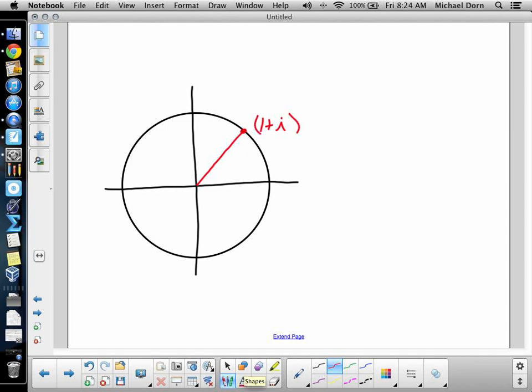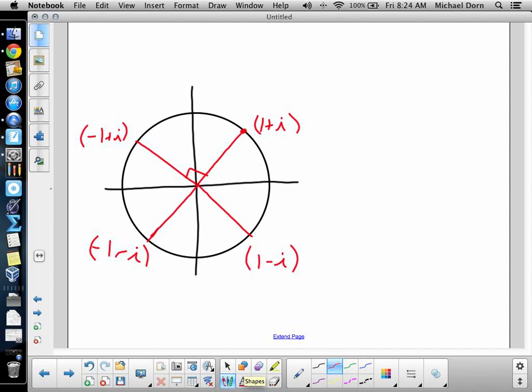If there are 4, that means it's going to be every 90 degrees around. Very quickly we see the symmetry in this. This is going to have to be negative 1 plus i. This is going to have to be negative 1 minus i. And this is going to be 1 minus i. Those are my 4 roots.